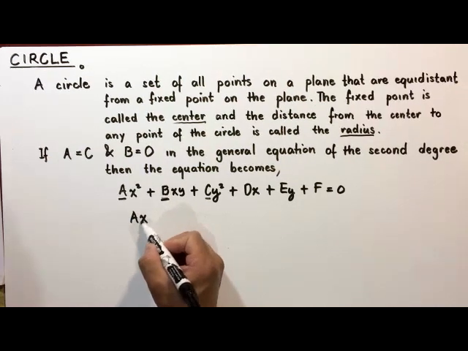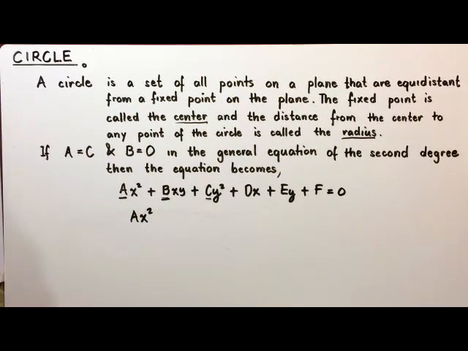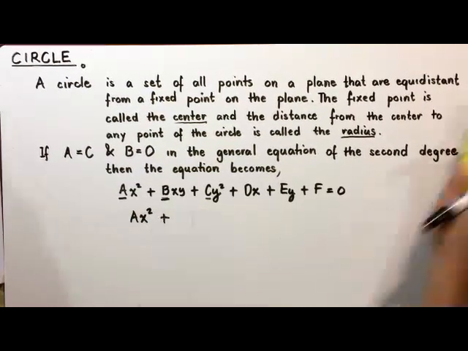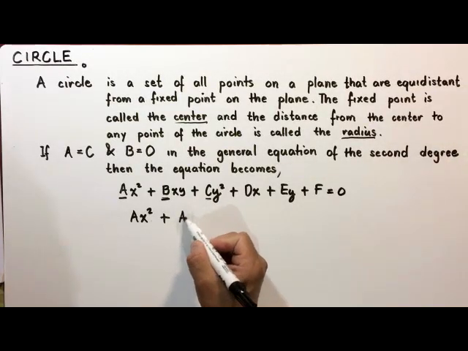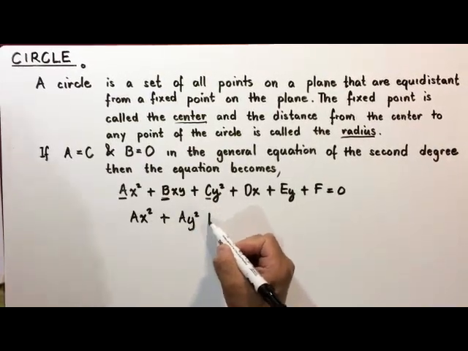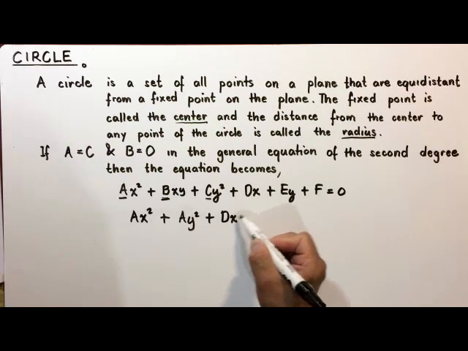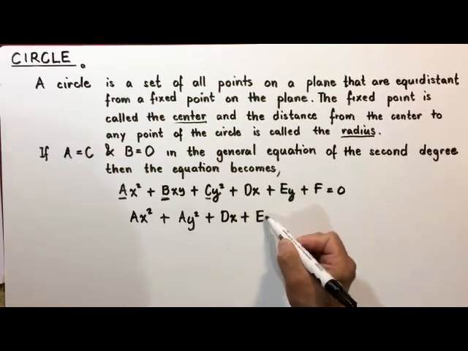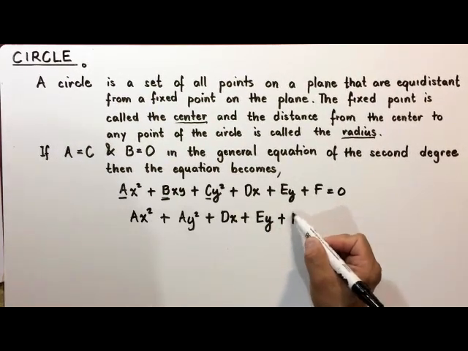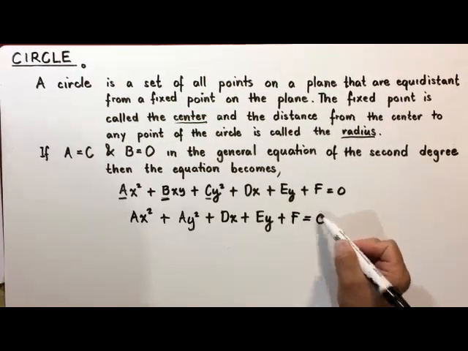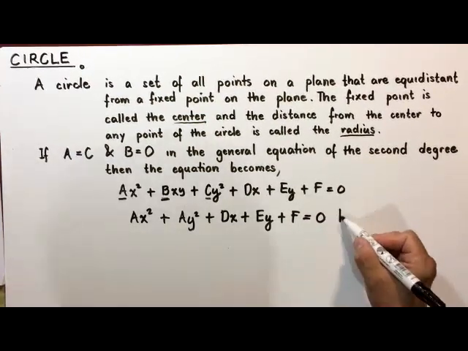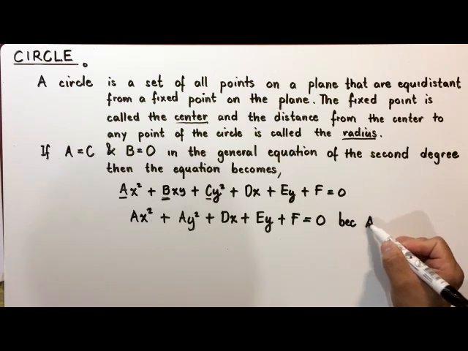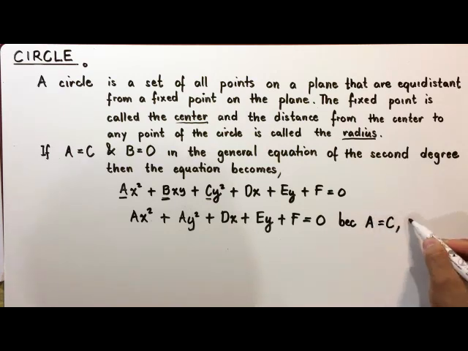So what we have is ax squared plus ay squared plus dx plus ey plus f is equal to 0, because A is equal to C and B is equal to 0 in that case.